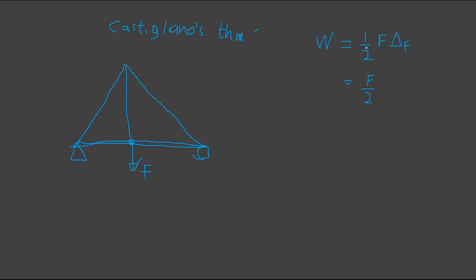The entire stiffness of the truss you can write, if you want, F over K, right? Stiffness in that direction, right? So you can write this as F squared over 2K.